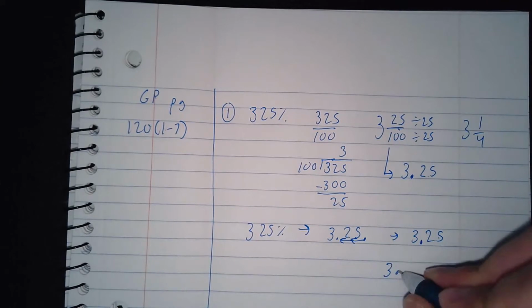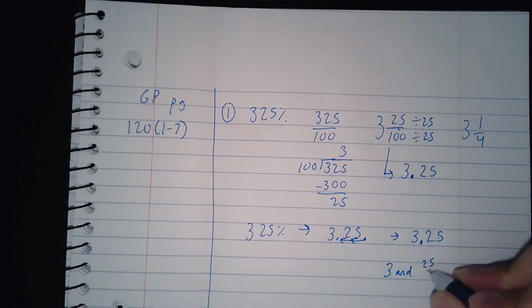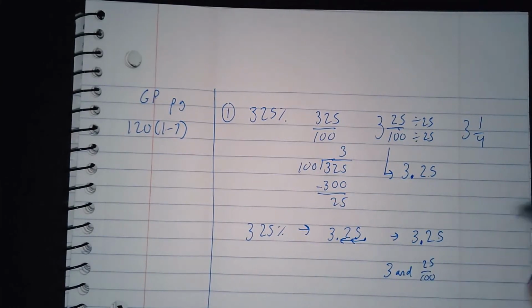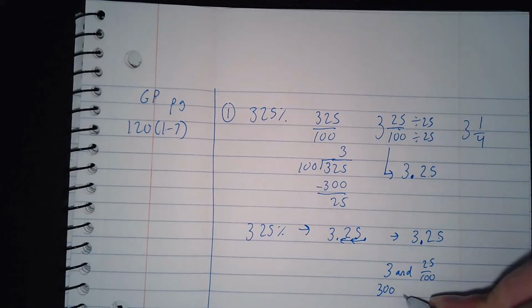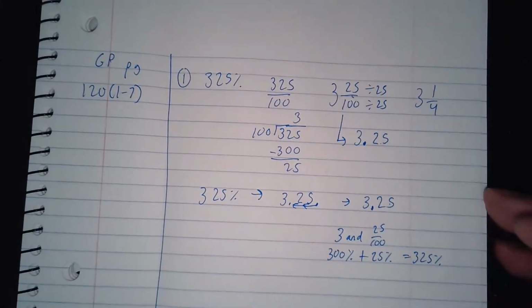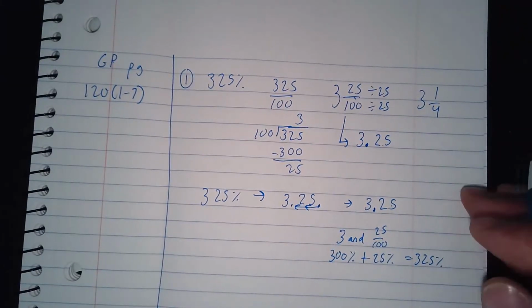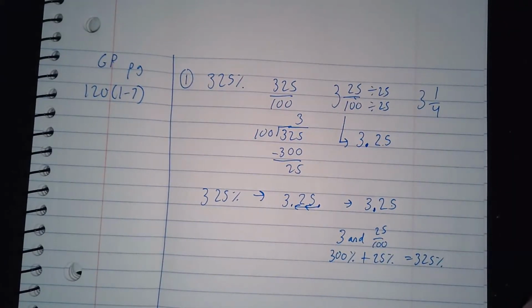You have 3 25/100. And hey, if we have 3 full sets, that's 300%, and this would be 25%. Yeah, 325%. Okay guys, I'm not going to do this for all the problems. I'm just showing you that there's always more than one way to do something. Whatever works best for you, okay?